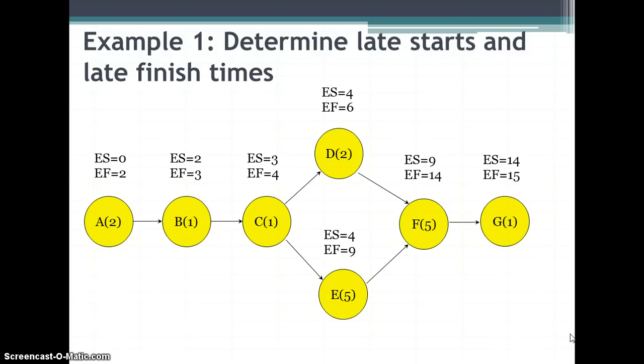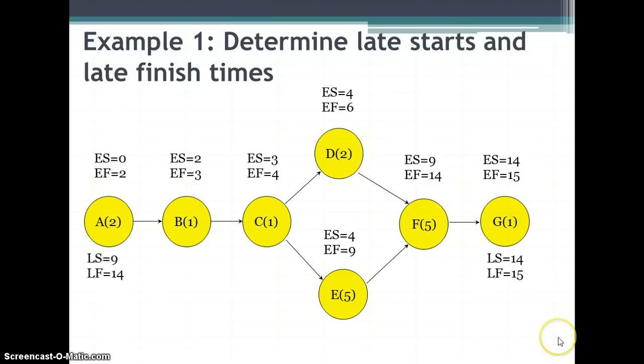So let's look at our late starts. Our late start of G: the late finish of G is the same as the early finish of G. We subtract 1 from it, and we get our late start, which is 14.